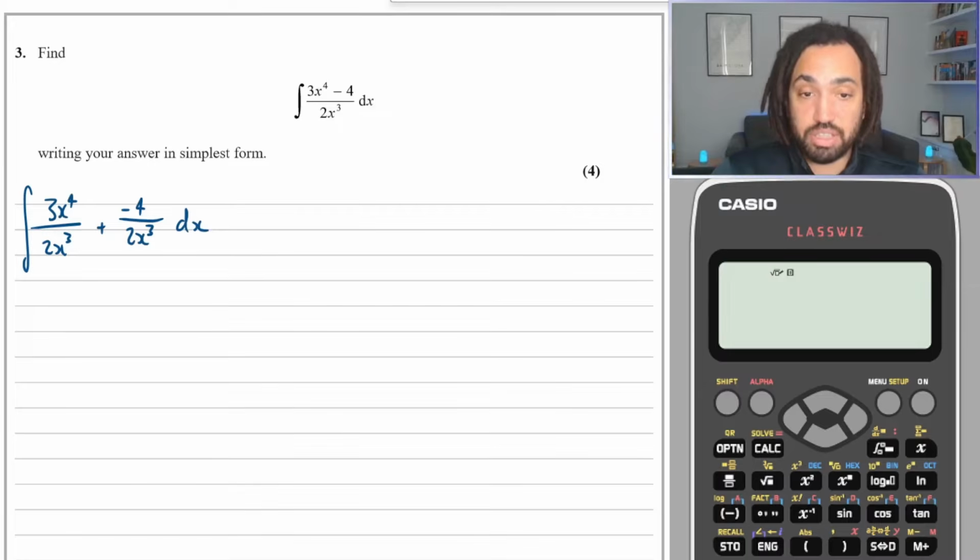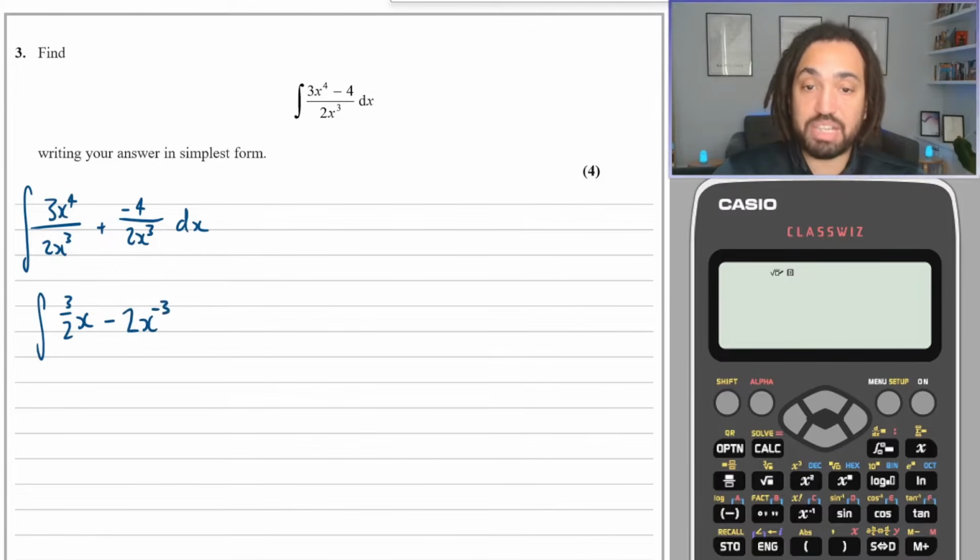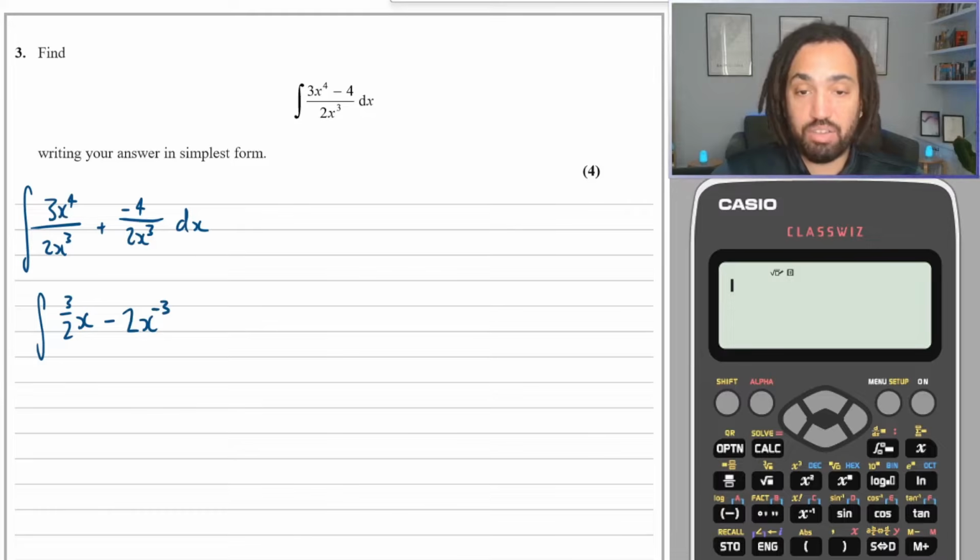Okay, so let's look at this first term, and we have x to the 4 divided by x to the 3, which is x to the 1. So this is 3 over 2 x to the 1. And right here, we've got a minus sign, so I could just leave that as a minus. And then 4 over 2 is 2. And the x cubed is on the bottom, so that is the same as having a negative power of x, so x to the minus 3.